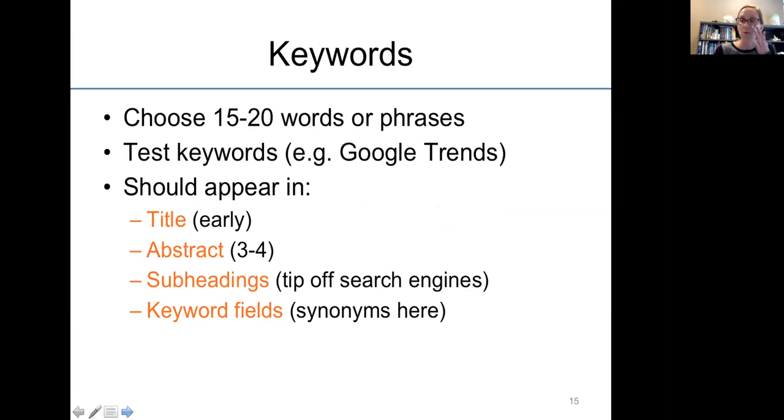You obviously won't put 15 or 20 words in a keyword field, but that helps you sort of figure out, okay, what's my short list of keywords that I want to choose from. And then one option is you can always test the keywords' searchability.